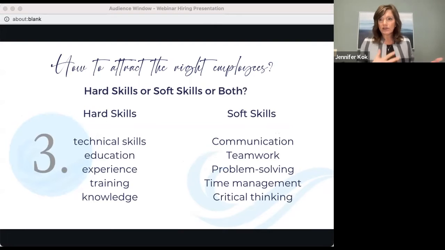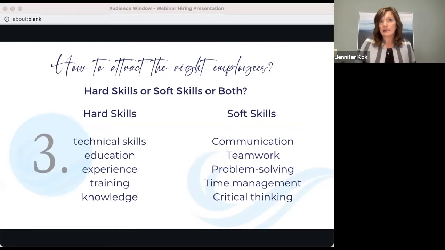And then take your value list, take your open position list, and let's look at the idea of hard skills versus soft skills. As employers, we tend to look at the open positions about hard skills. Okay, hard skills are the technical skills, the education, the experience, the training, the knowledge. So like, for instance, if you own a marketing company and you develop websites, yes, you need somebody with hard skills that knows the back end of developing a website.